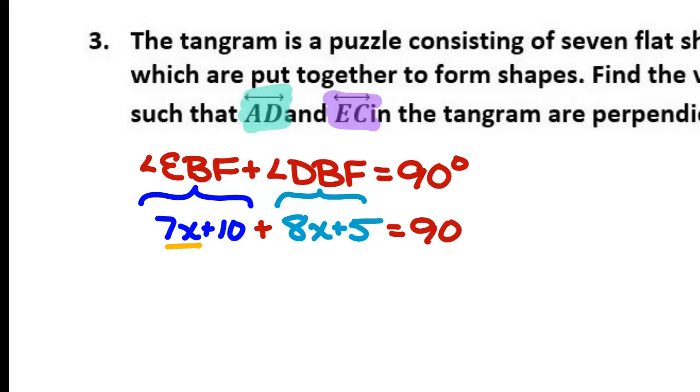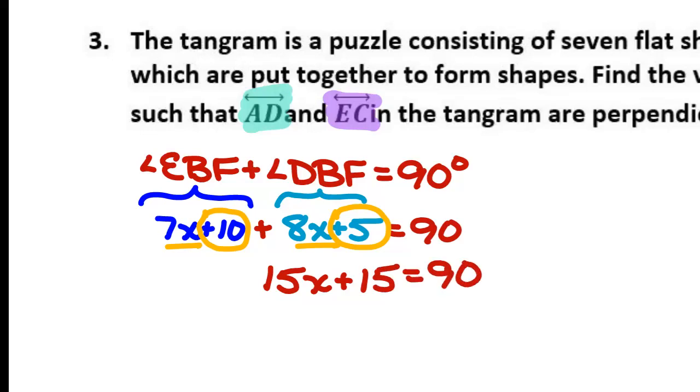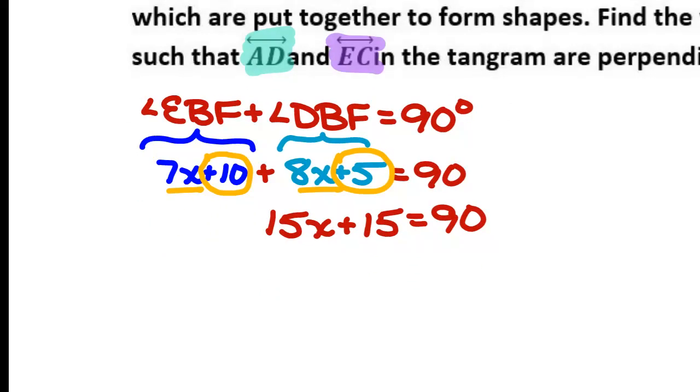So then we combine our like terms together of 7x and 8x. That gives me 15x. And I combine my other like terms of a positive 10 and a positive 5. What would that combine to give me? 15. So 15x plus 15 equals 90. Then I minus 15 from both sides.